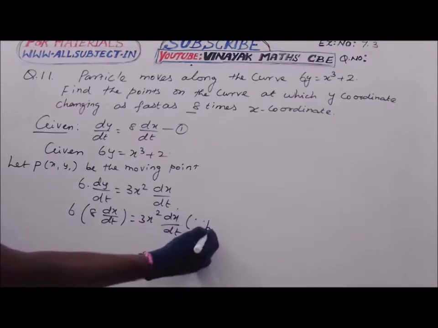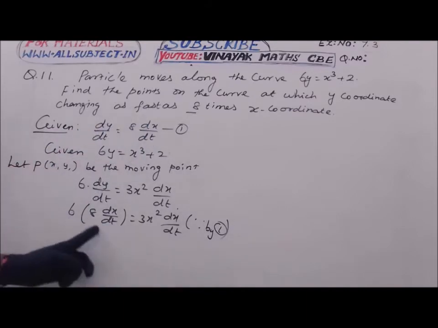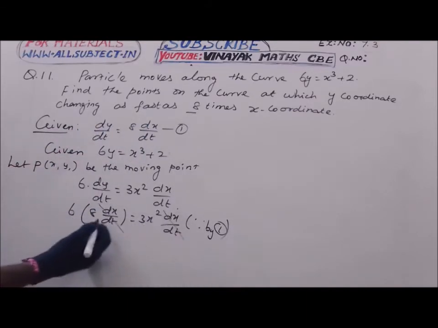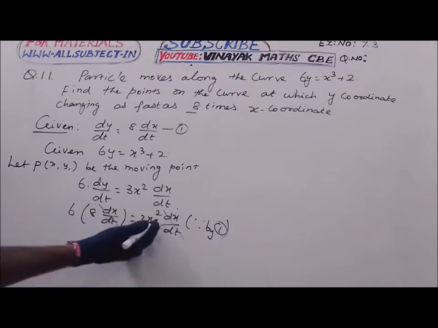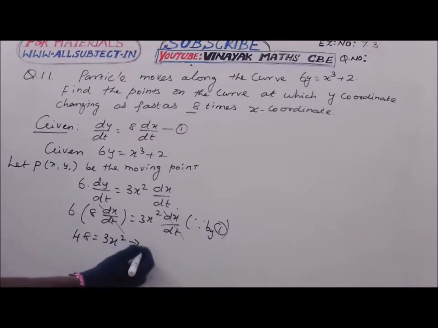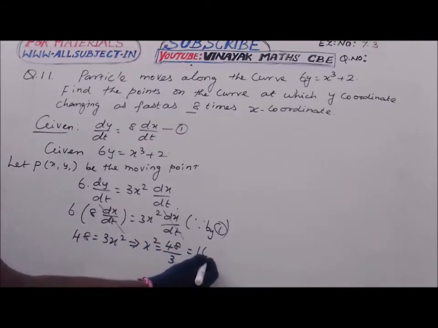Since by using result 1, dy by dt turns as 8 into dx by dt, and the dx by dt on both sides get cancelled. Remaining is 6 times 8 equal to 3x square, that is 48 equal to 3x square, which implies x square equal to 48 by 3, that is equal to 16.